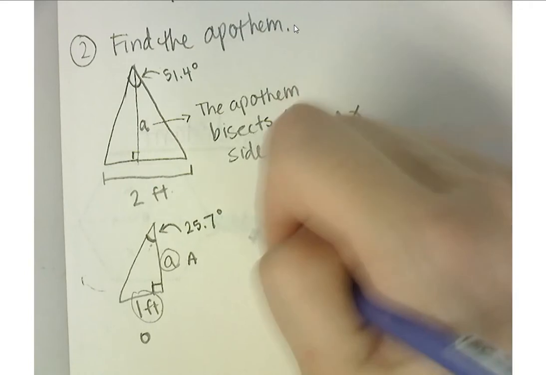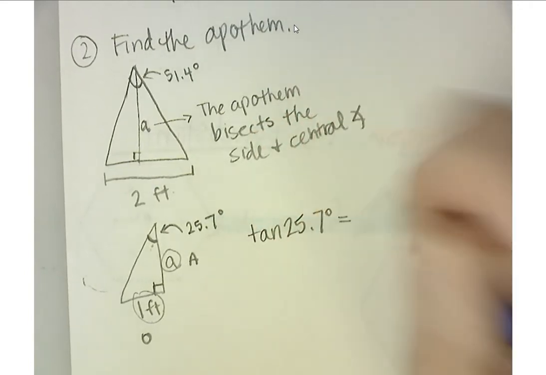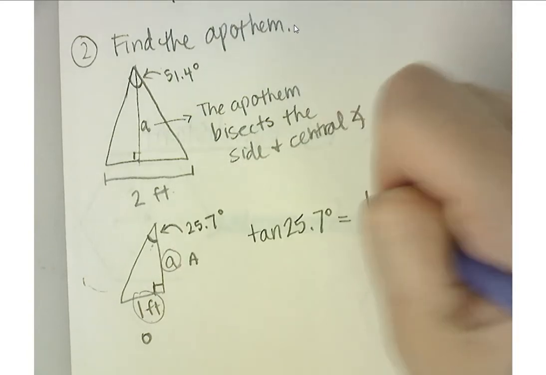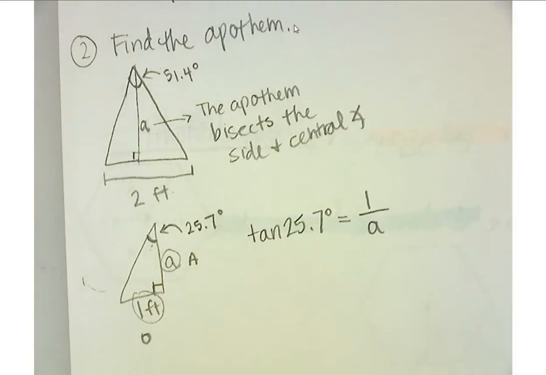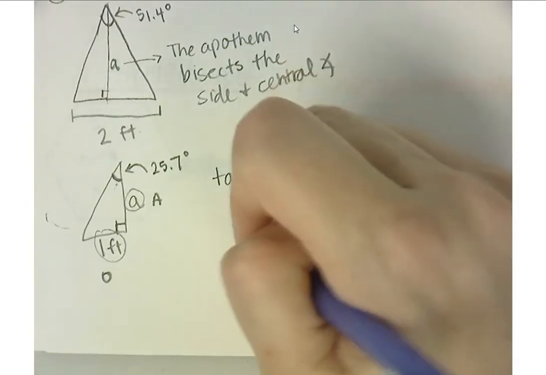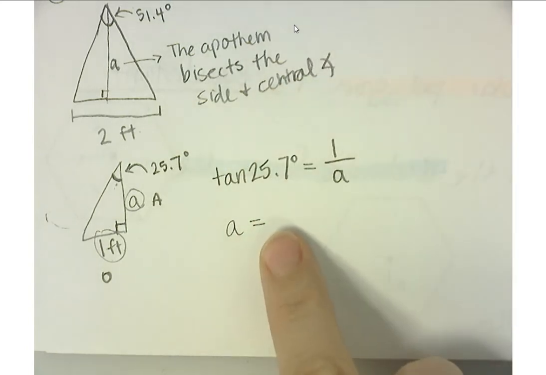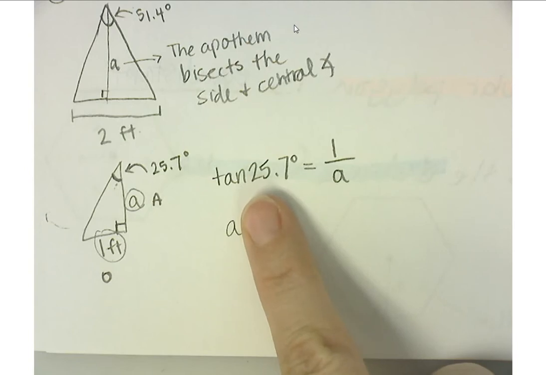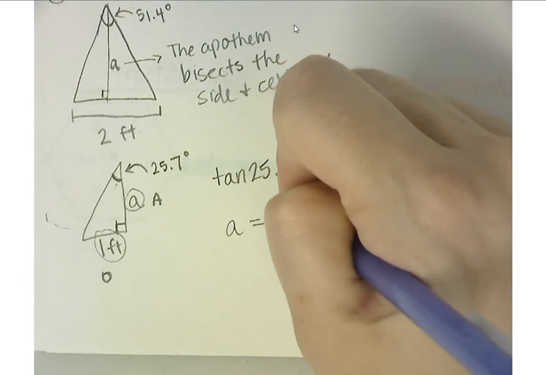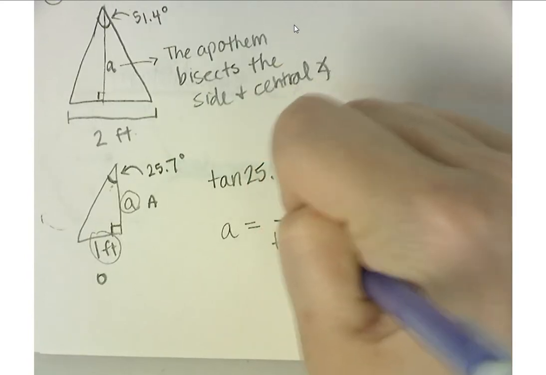So the tangent of 25.7 degrees equals the opposite, which is 1 foot, over the adjacent, which is A. We're not going to calculate it yet. If you multiply both sides by A, then you divide both sides by the tangent of 25.7. So A is 1 divided by the tangent of 25.7.